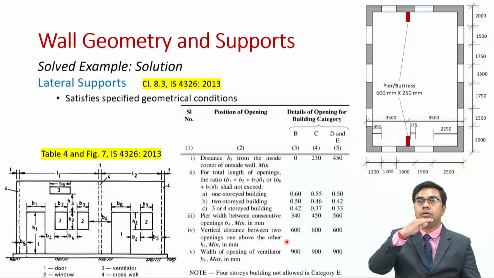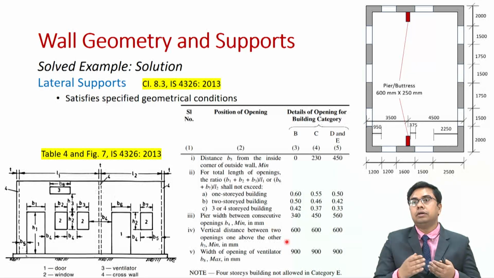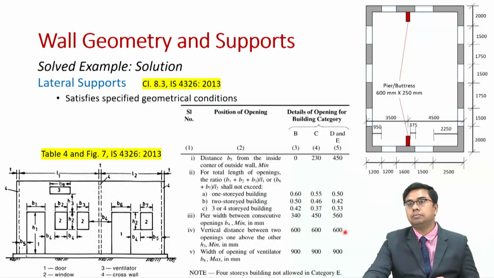We do not have any two openings above each other. And even if you consider vertical openings, that is doors in ground story and first story, again those two have sufficient distance between each other. Then width of opening of ventilator, we do not have a ventilator in this case, but if we want to open any ventilator, the width cannot be more than 900 millimeters for a building category D.